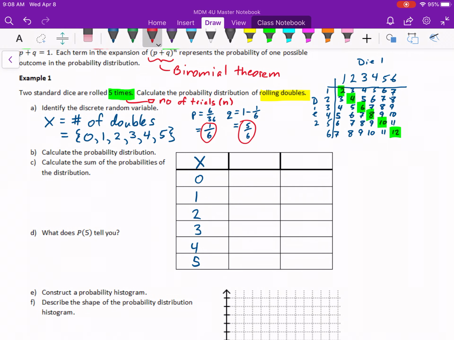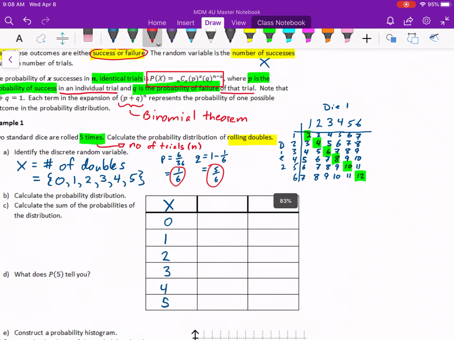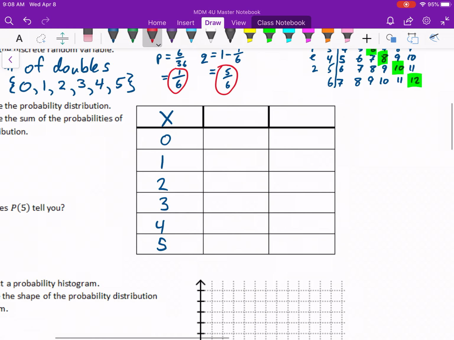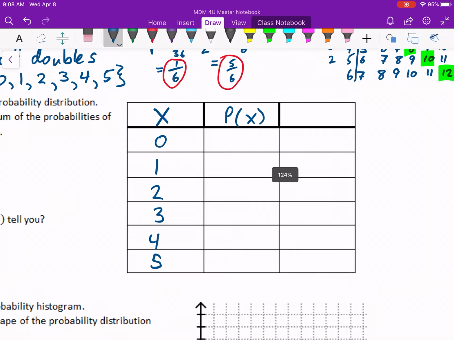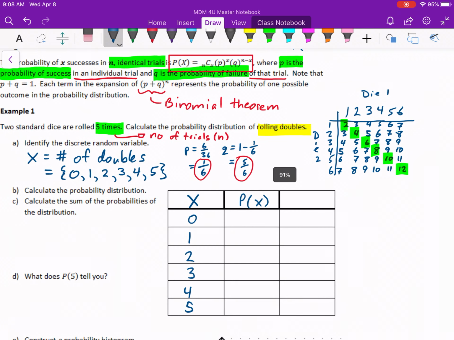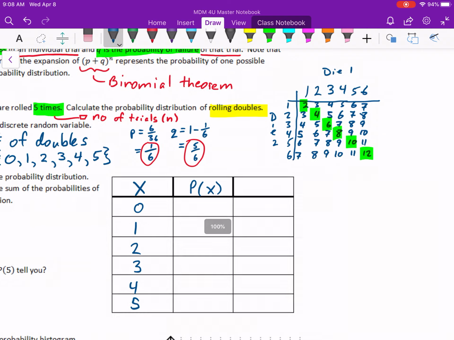So that will let us do P at x. So the formula, again, is for P at x, the probability of any one of these events happening. So the probability, P of x, of getting 0 doubles, if we put that together with the formula, remember it's n choose x, p to the x, q to the n minus x.